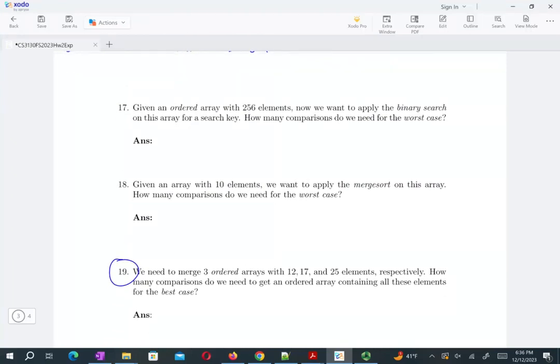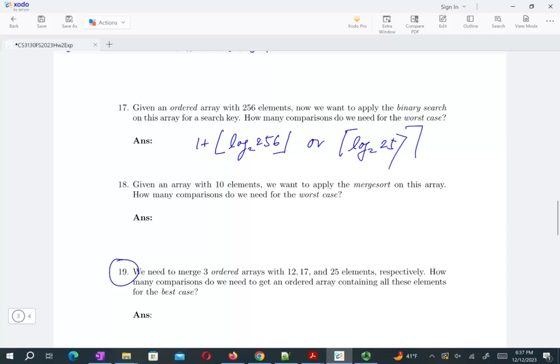For the questions I didn't circle, you can go to the answer file to see the solution easily. Number 17, you just apply the formula. Here we have this formula, or another equivalent formula plus 1.